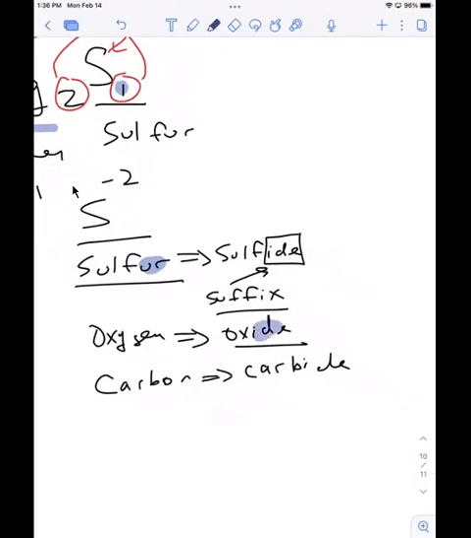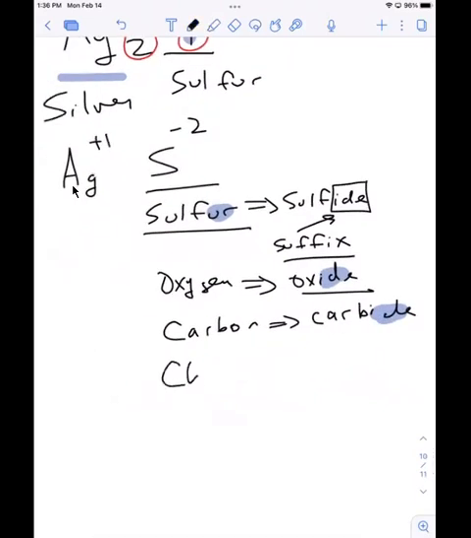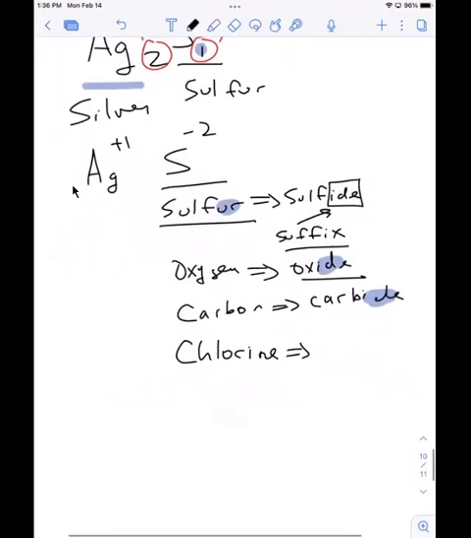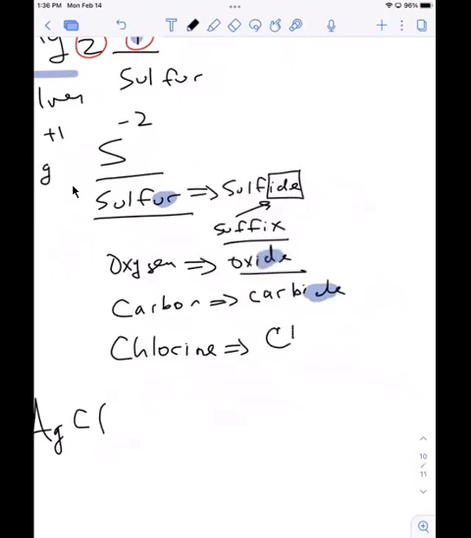So that suffix "ide": if I had chlorine, and this was AgCl, then for that chlorine, we change the suffix to chloride. And the suffix tells me that the chlorine has a negative charge. All right.